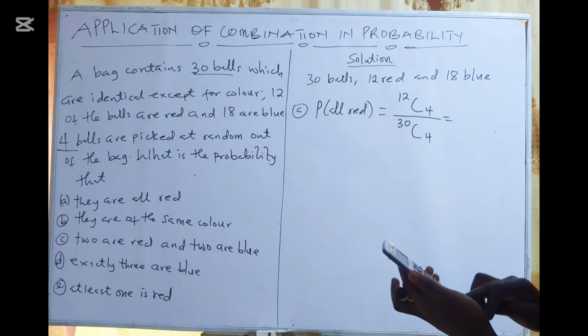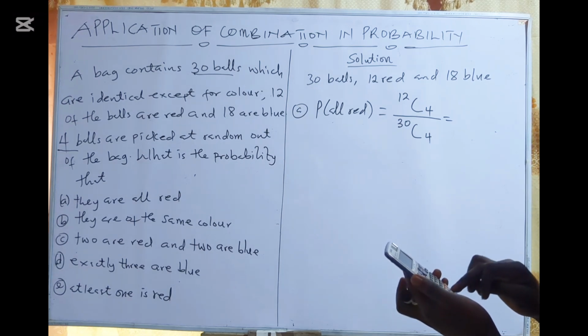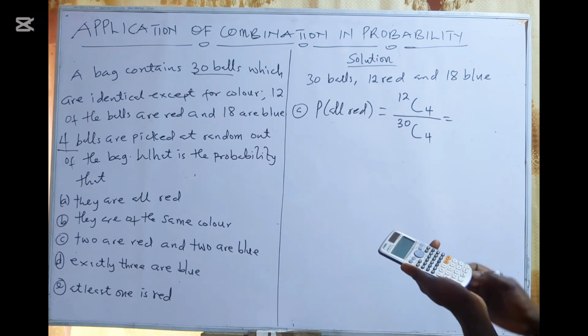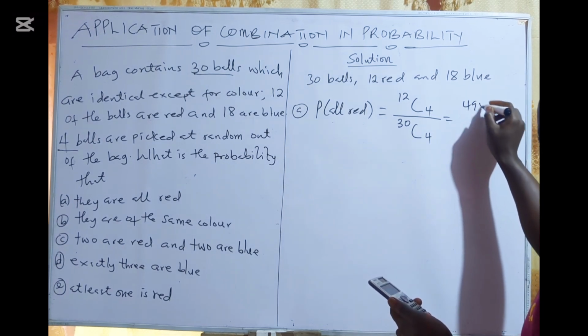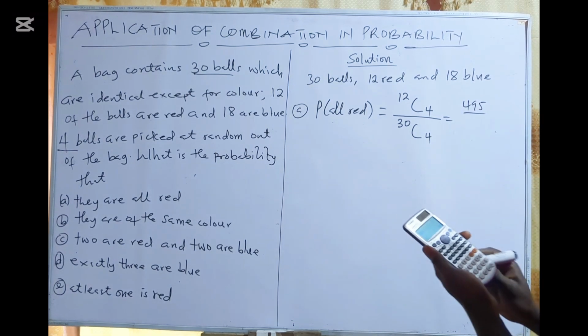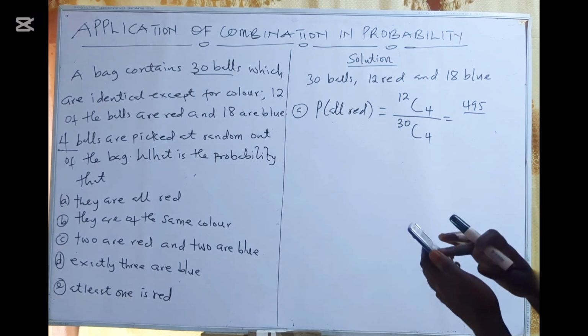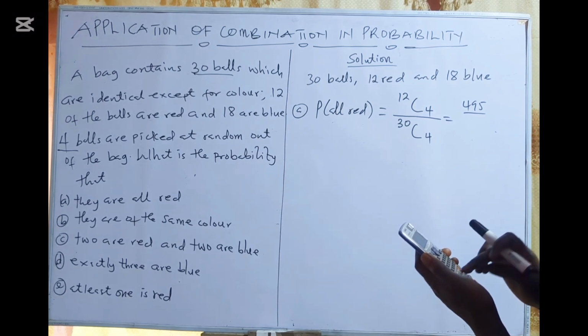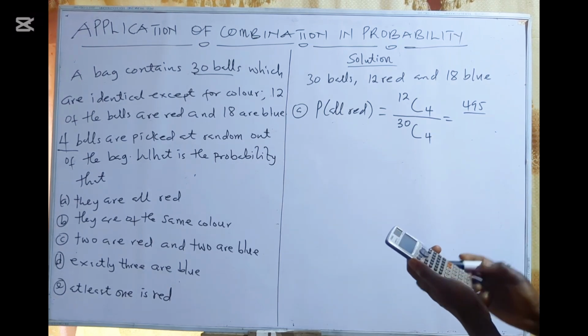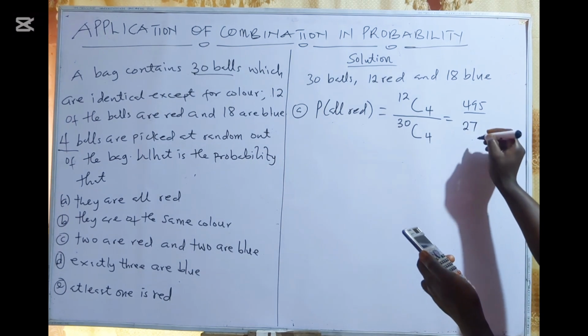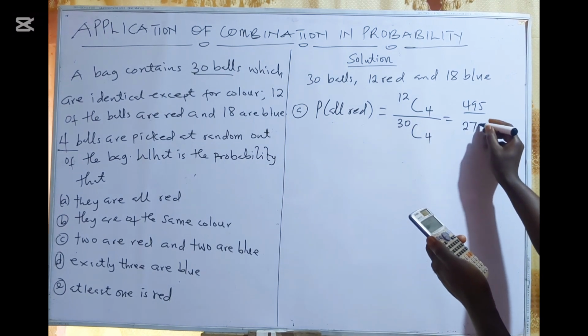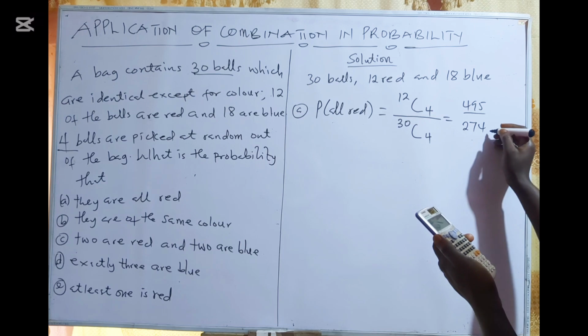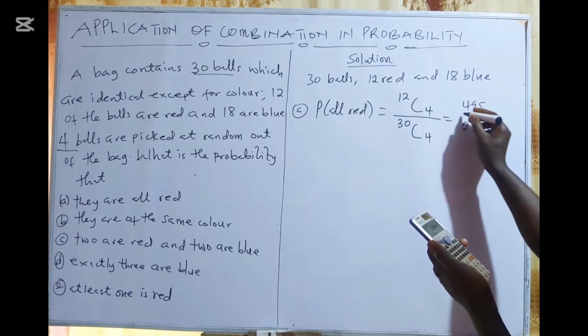So 12 combination 4 will give me 495, divided by 30 combination 4, which is 27405.